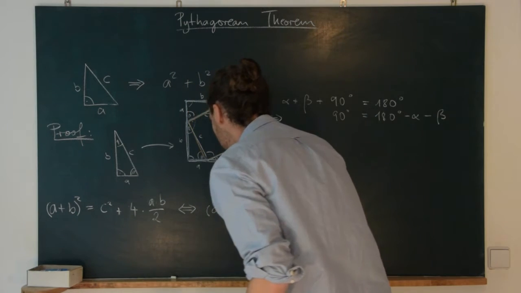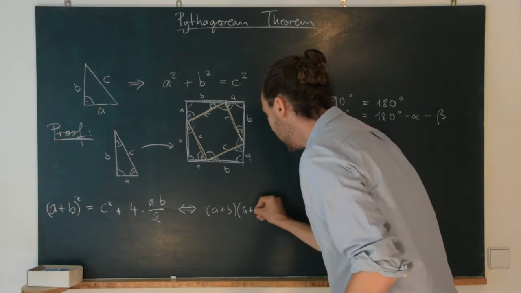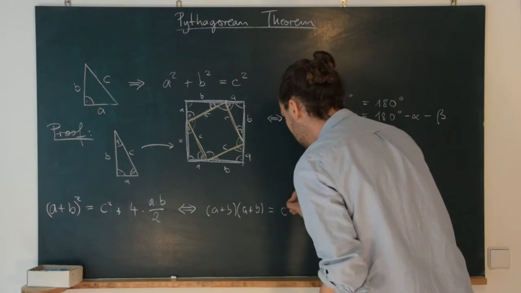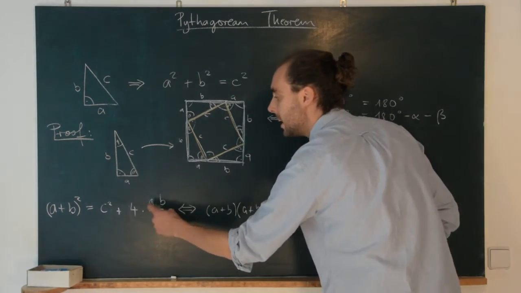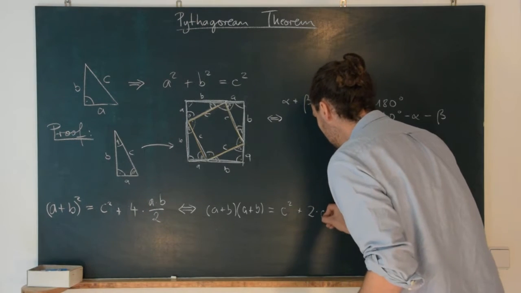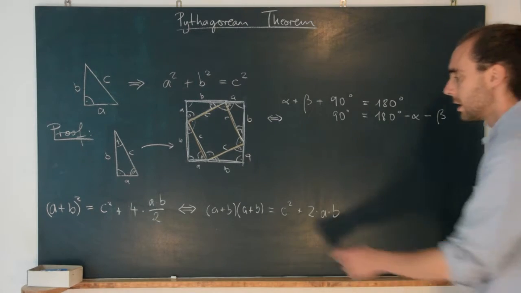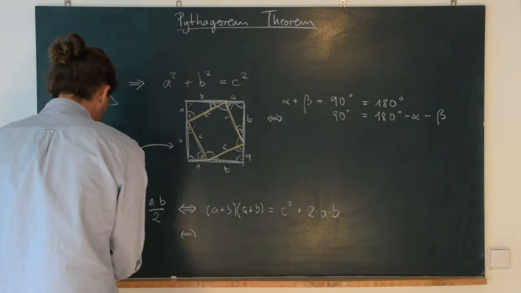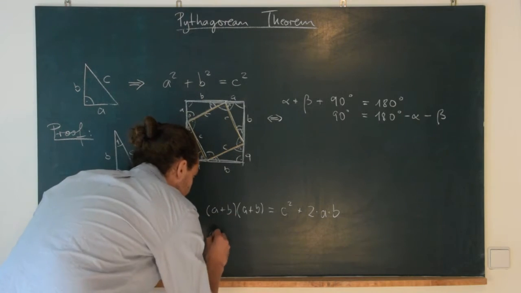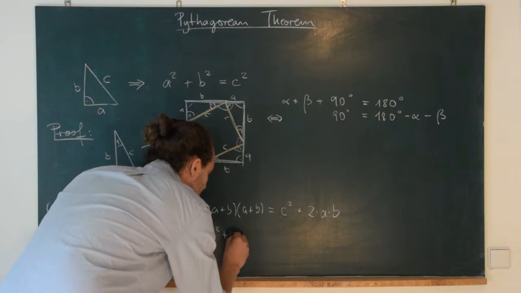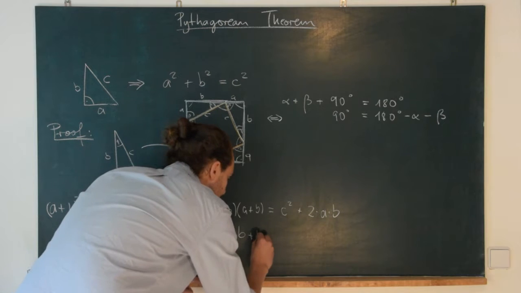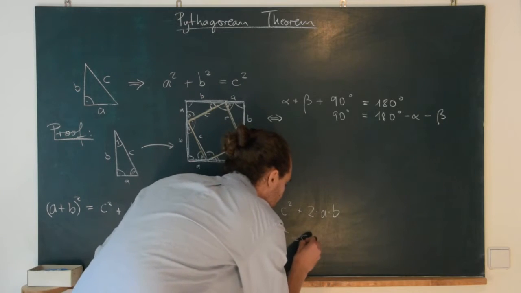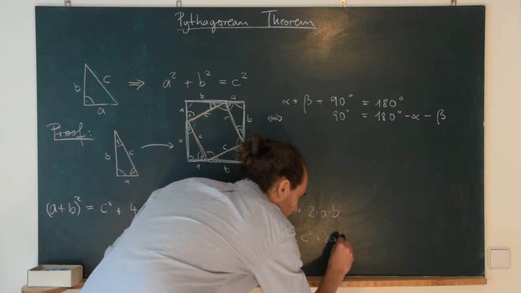This is nothing else than A plus B times A plus B, and on the right side we have C squared plus 4 times A times B half, so we have 2 times A times B. Okay, this is nothing else than A times A is A squared, A times B, B times A, and B times B, B squared, is equal to C squared plus 2 times A times B.